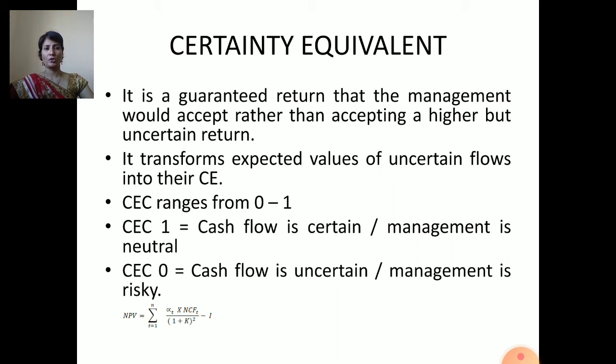In this approach, a set of riskless cash flows are generated in place of original cash flows. Here, instead of original cash flows, a set of riskless cash flows will be generated. Certainty equivalent coefficient transforms expected values of uncertain flows into certain equivalents.